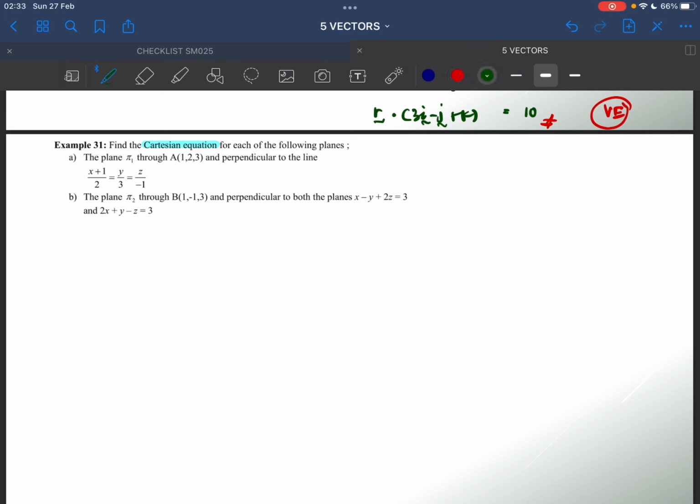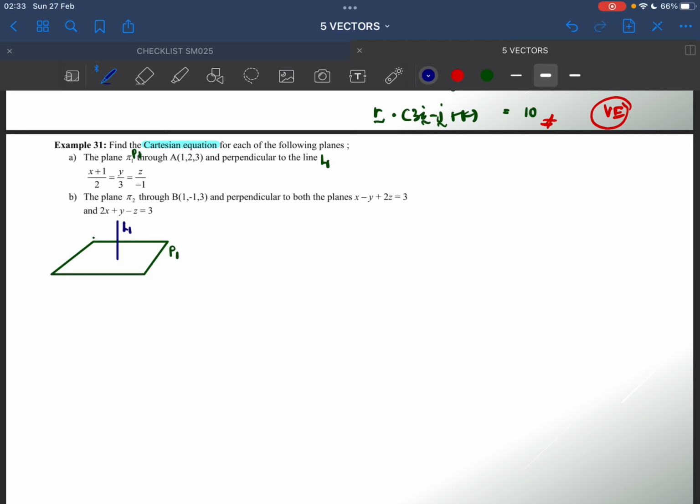So let's just draw our plane here. We have plane 1. Okay, label this as plane 1 that we want to find. This is our plane 1 and this is our line 1. The question said that the line is perpendicular to the plane. So we have a line perpendicular to the plane.